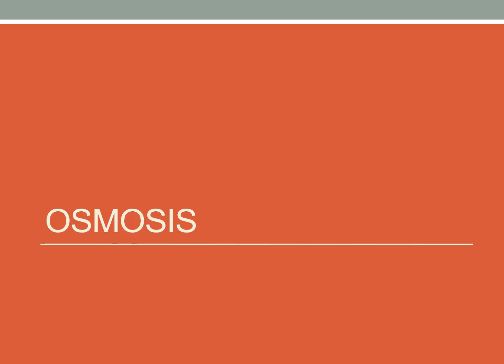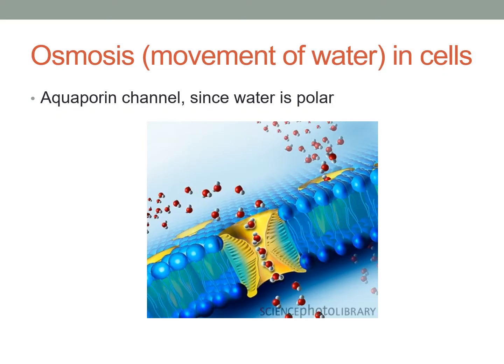All right, so osmosis now, new chapter here. Osmosis is the movement of water. Let's say that again. Osmosis is the movement of water. Whenever we're talking about osmosis, we're talking about water moving. Now, water, as you remember, is polar because of its hydrogen bonds. So we have to have a special channel that allows it to move through the plasma membrane.